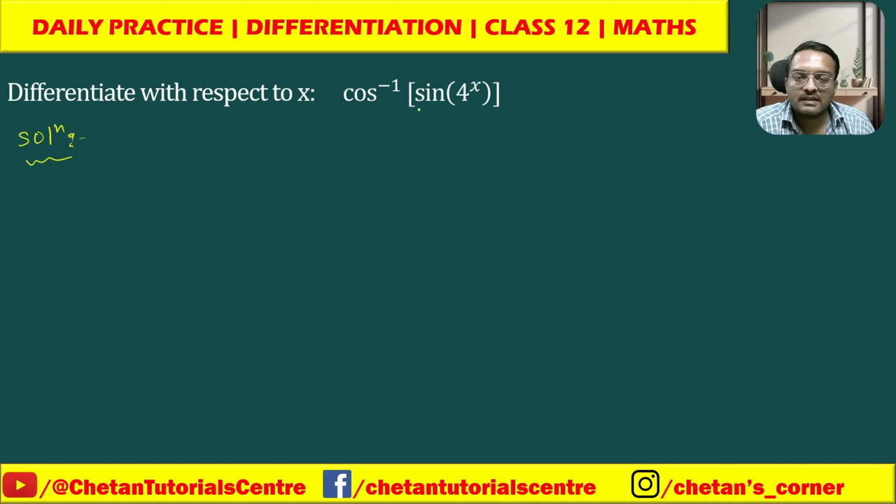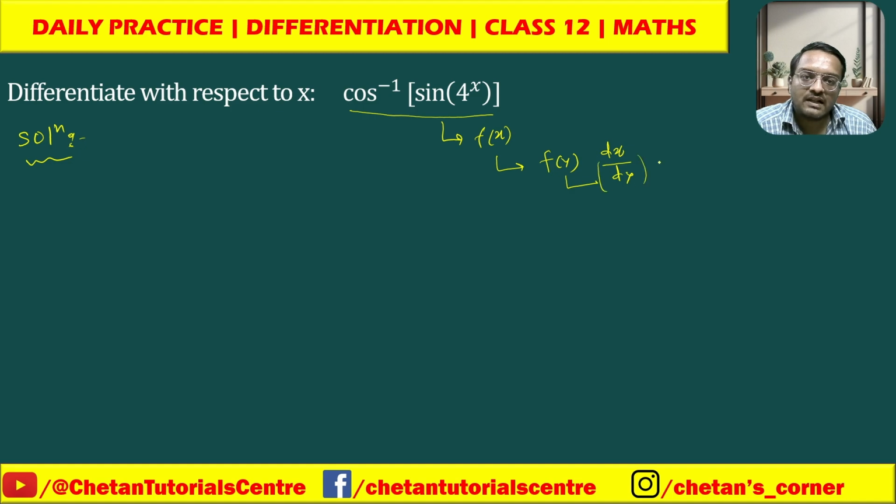On the screen, you can see that this is the function of x that we have to differentiate. Now, as this is an inverse function, we first convert this function of x into a function of y. Then we differentiate this function of y, which is equal to x.